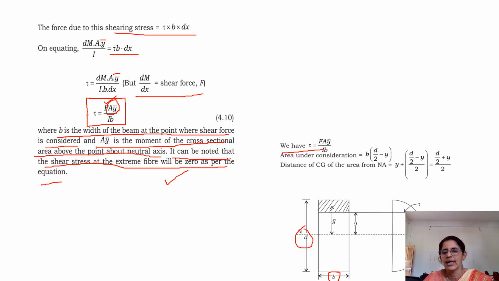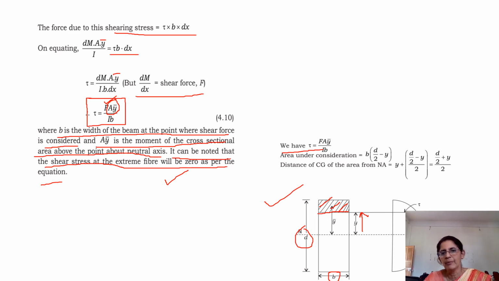So I have taken a neutral axis over here. I have taken a layer PQ over here at a distance y from the neutral axis, right? So your area under consideration is the hashed area, that is the area above the level under consideration. We have marked everything in the figure, so this is complete.